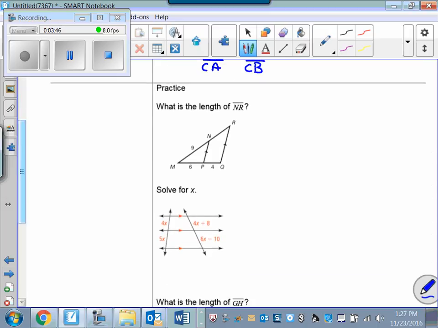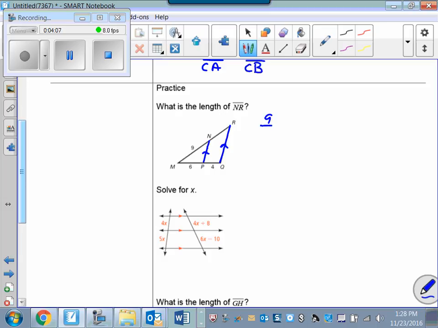So let's see how these theorems are going to work for us. Okay, so this is the side splitter theorem, right? Because I know this is parallel to this and it intersects the other two sides of the triangle. Therefore, I know the two sides of the triangle are in proportional segments.